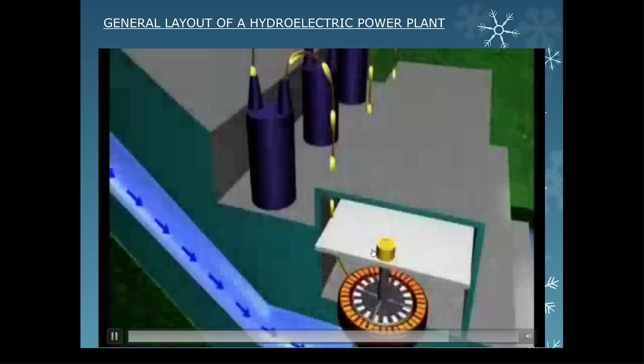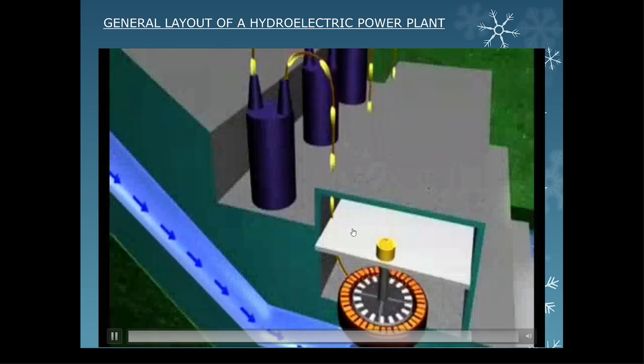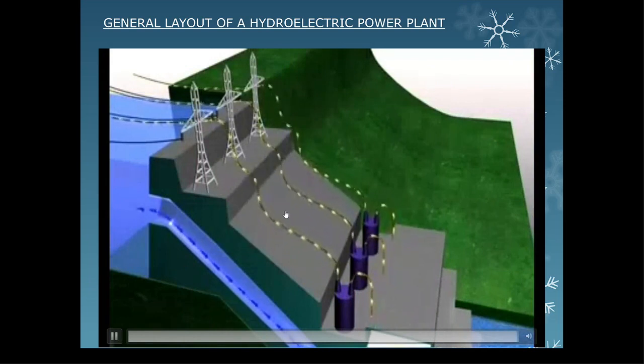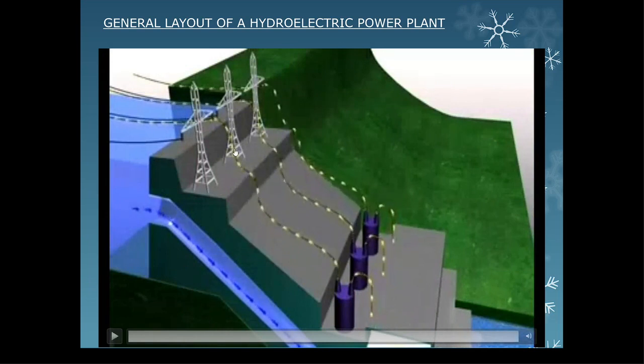The electricity is then stepped up to a higher voltage using a transformer, and it is distributed through the transmission lines.